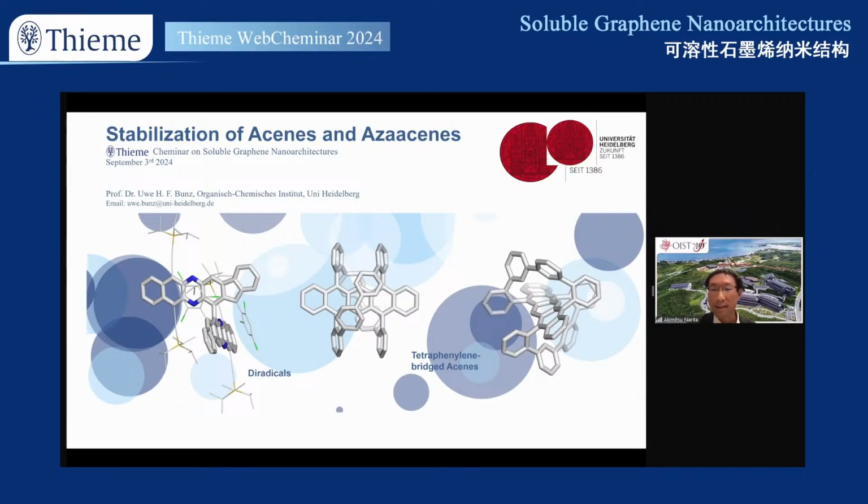He has received different prizes and awards, including the CAREER Award of NSF and the Camille Dreyfus Award and the Best Faculty Paper Award from Georgia Institute of Technology. And he has published more than 500 papers and been cited more than 25,000 times. So the talk today is entitled Stabilization of Azaacenes and Other Acenes. So Professor Bunz, please start when you're ready.